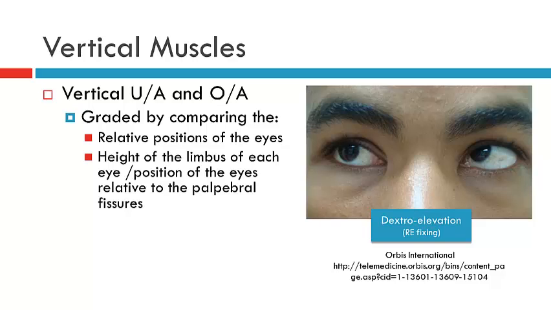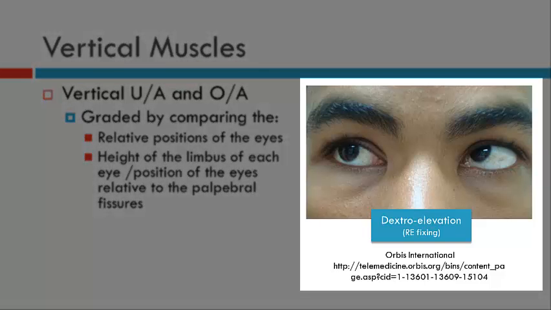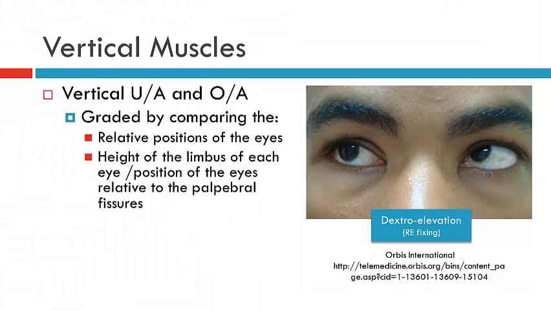So if we have a look at the image here to the right, we can see that the corneal limbus of the left eye is higher. We can see what looks like there is a left hyperdeviation, and we can see more sclera between the limbus and the lower lid on the left eye as compared to the right eye. So we have a couple more reference points we can utilize in looking at vertical deviations.